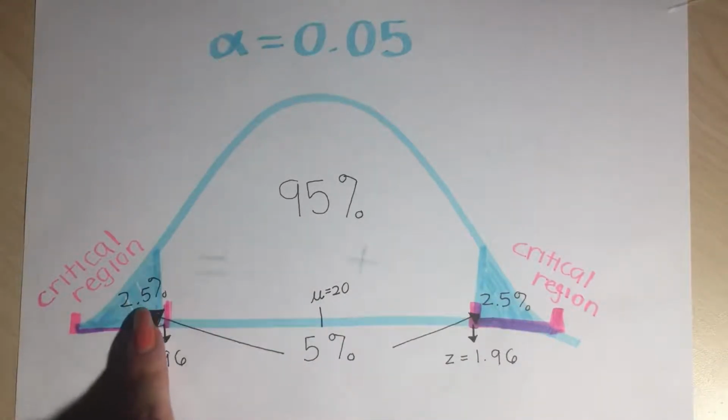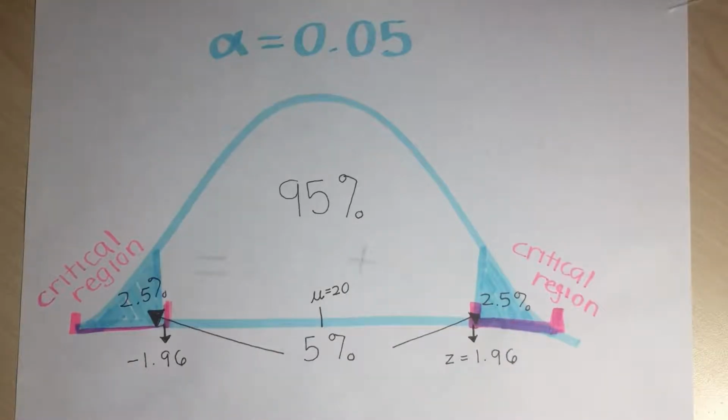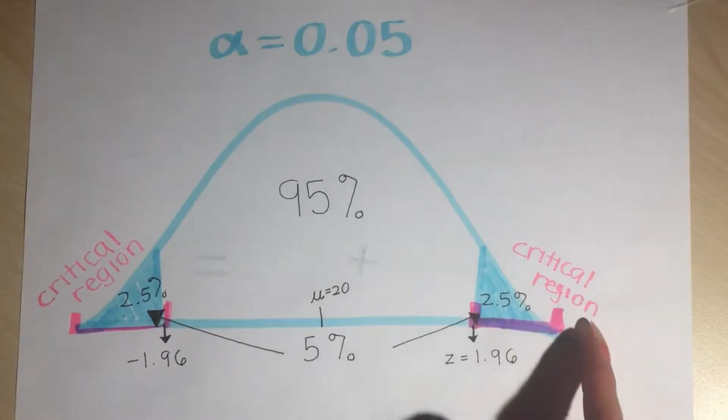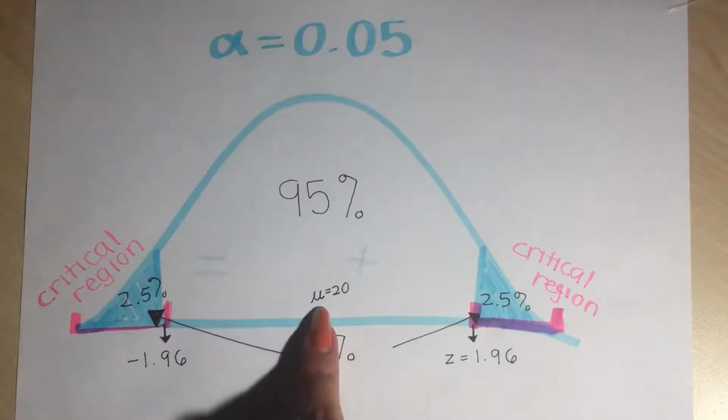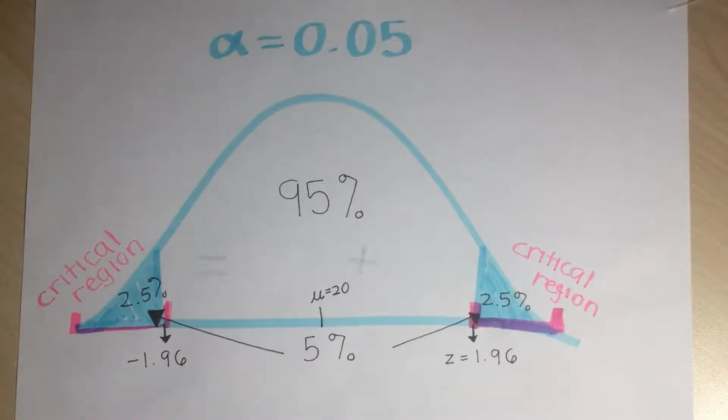That's why they're 2.5 and 2.5. These regions are called the critical region, which means if you have a z-score that lands in a critical region, it is an extreme score and not a normal score, close to the mu. The associated z-scores with an alpha of 0.05 are 1.96 or negative 1.96.